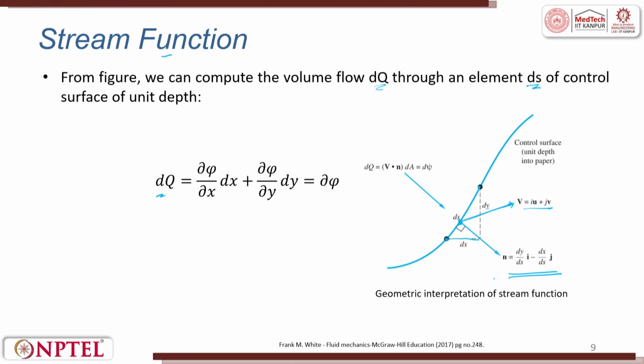So, you get this point. This point can be represented as q, the volume flow, which is nothing but velocity vector times n multiplied by dA, which is nothing but d phi. So, this is what we have said here. We have pictorially represented this. This is the control surface, a control surface of unit depth into the paper.